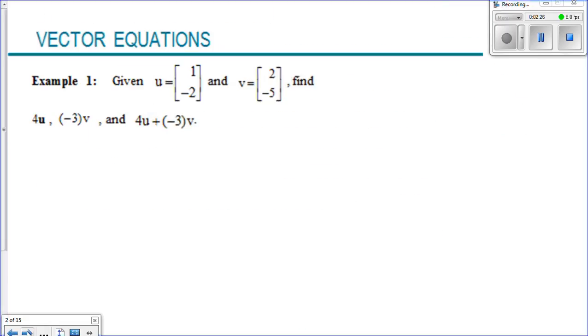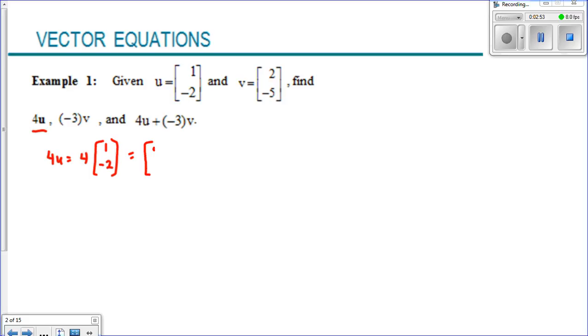Okay, so an example. I've got vector u defined to be 1, negative 2, and vector v defined to be 2, negative 5. I want to find 4u, a scalar multiple of u. So 4u would be 4 times the vector u, and scalar multiplication is defined by multiplying each entry in u by the scalar.